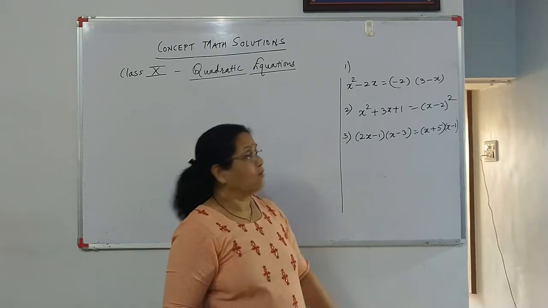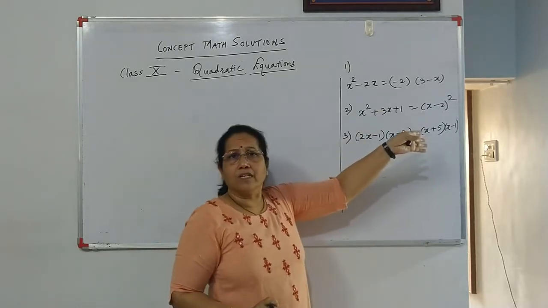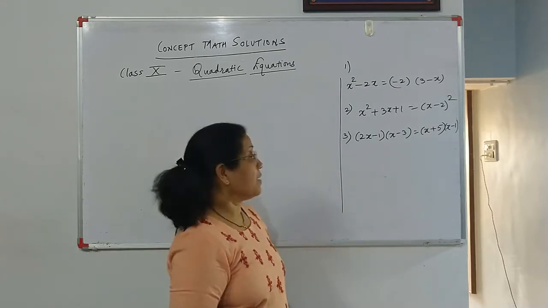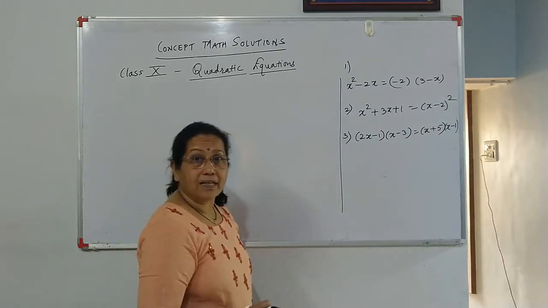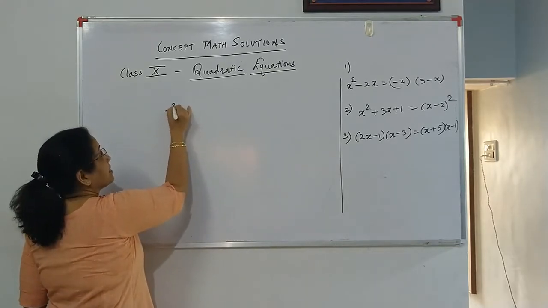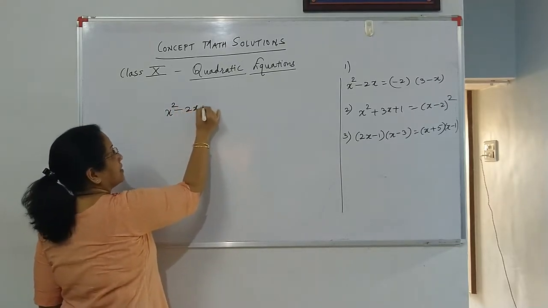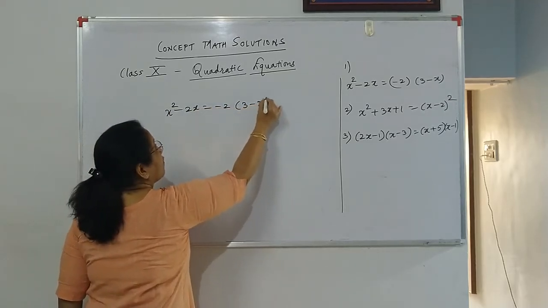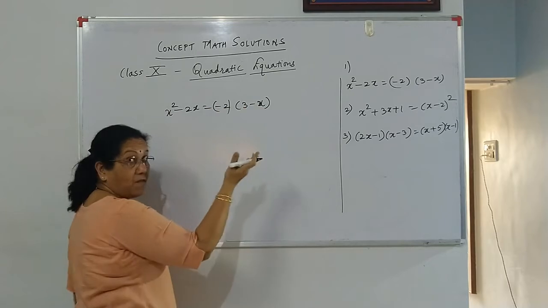Suppose I want to find out whether these given equations are quadratic equations or not. Just by looking we cannot find out whether they are quadratic or not. So suppose I have x square minus 2x is equal to minus 2 into 3 minus x. First I will simplify this.